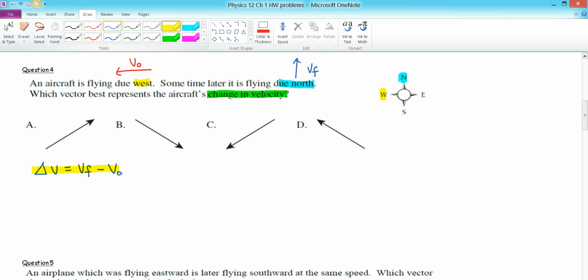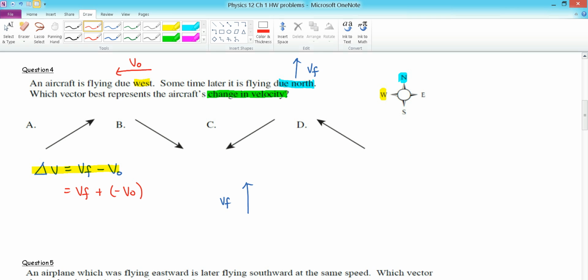All right, so basically in order to do this question, I need to add my Vf vector, which is right here. And this is the same thing as final velocity plus adding your negative initial vector.